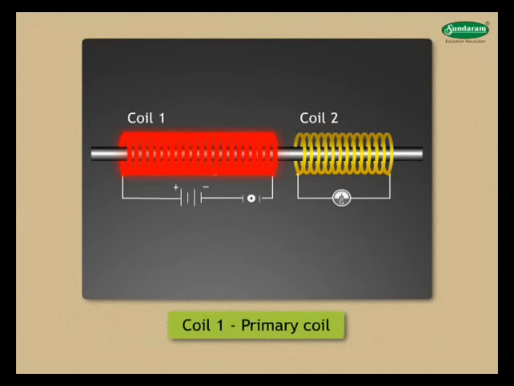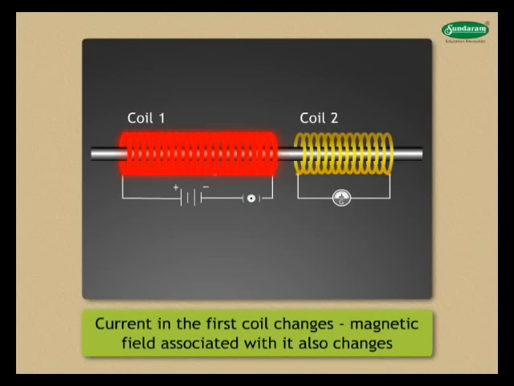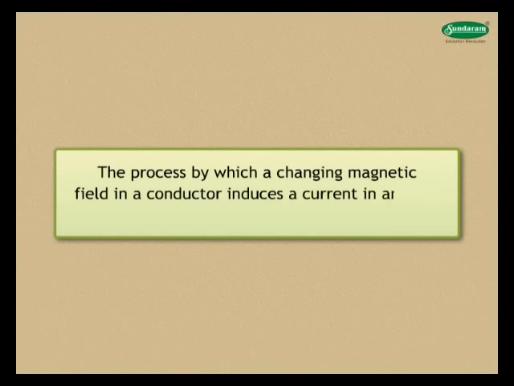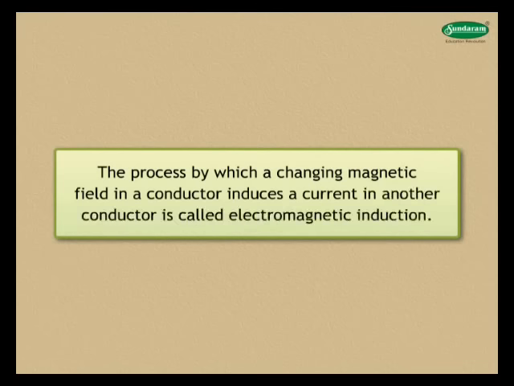Coil 1 is called the primary coil and coil 2 is called the secondary coil. As the current in the first coil changes, the magnetic field associated with it also changes. The process by which a changing magnetic field in a conductor induces a current in another conductor is called electromagnetic induction.